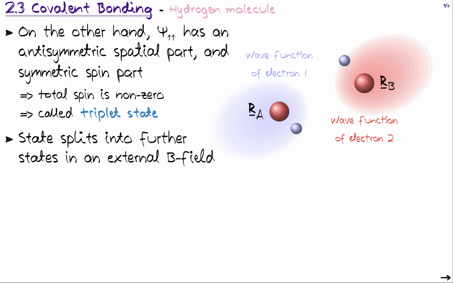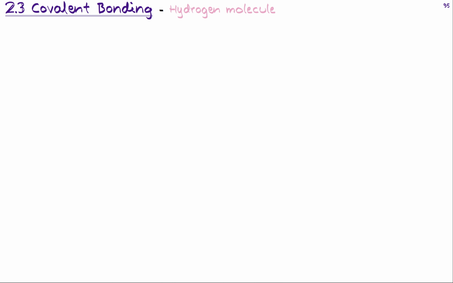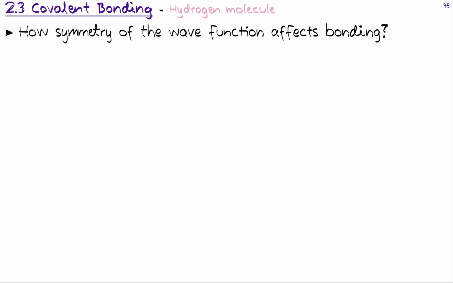Now, I have shown you these pictures, but let's try to elucidate why I'm showing them. Let me ask you how the symmetries of the wave function affect bonding, so how a hydrogen molecule's bonds are formed.